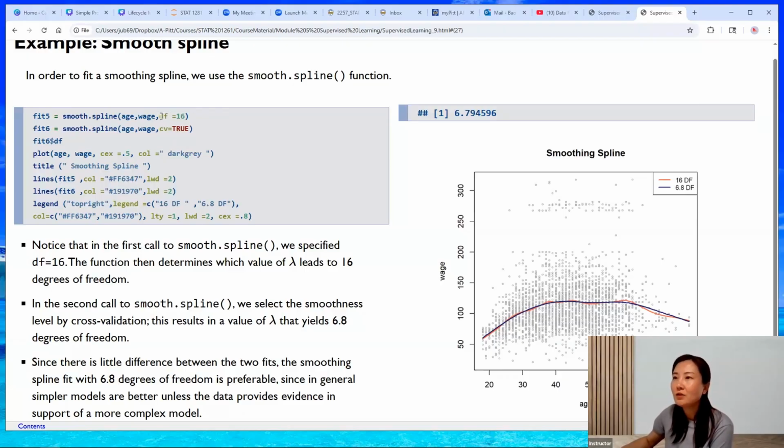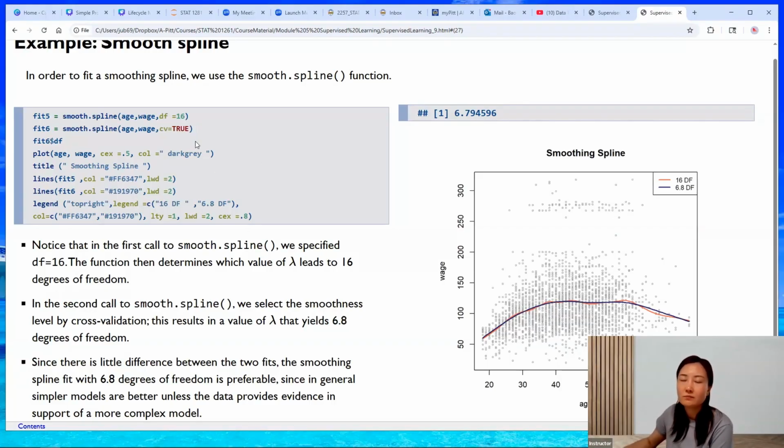I chose a very big number for illustration purposes to show you how wiggly it can be. So you see this orange curve corresponds to df equals 16. It's very wiggly.